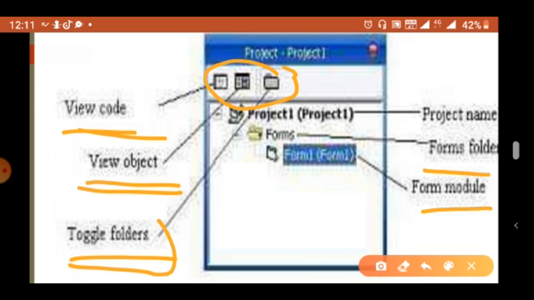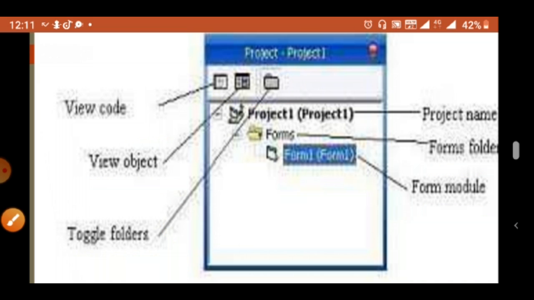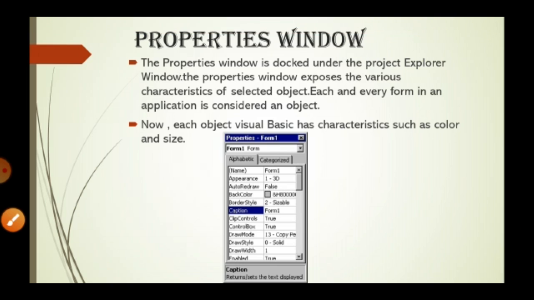Now next is project property window. What is the property window? The property window is docked under the project explorer window. The property window exposes the various characteristics of the selected object. Each and every form in an application is considered an object. Each object in Visual Basic has characteristics such as color and size.